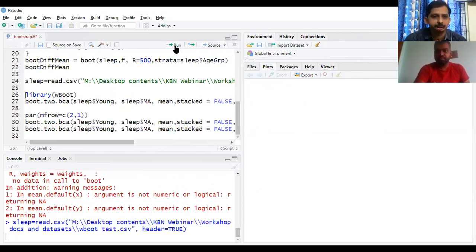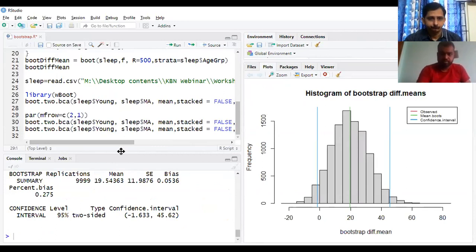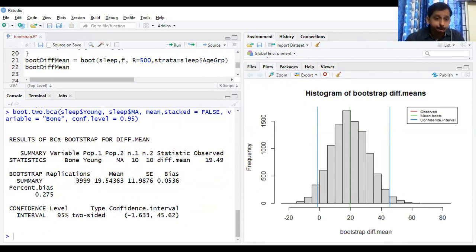Sorry, I have not loaded the data earlier. Yeah, I got it. And this is the total outcome. By default, it has taken 9999 replications, so the data is bootstrapped 9,999 times.